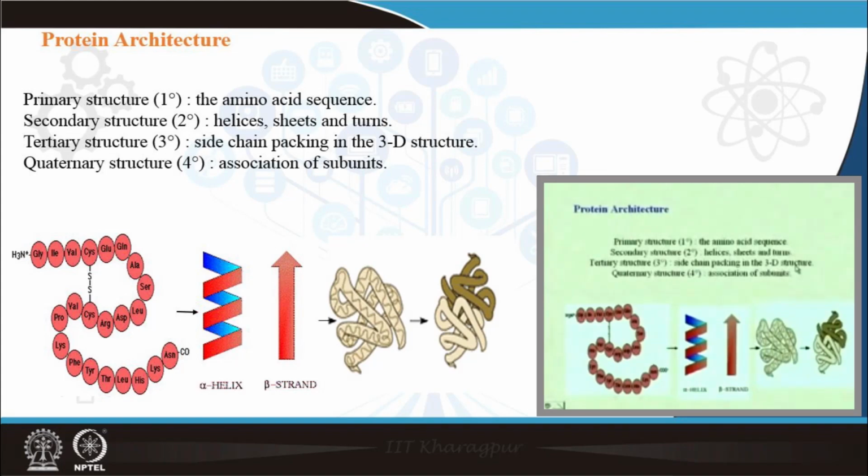This we'll be doing later because we have to understand the interactions that go into what is called the folding of the protein. Finally, we have what is called the quaternary structure of the protein, that is the association of subunits. So I have here for you the primary structure followed by the different elements of secondary structure.